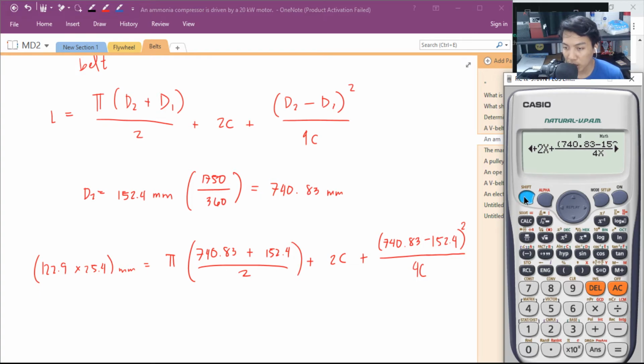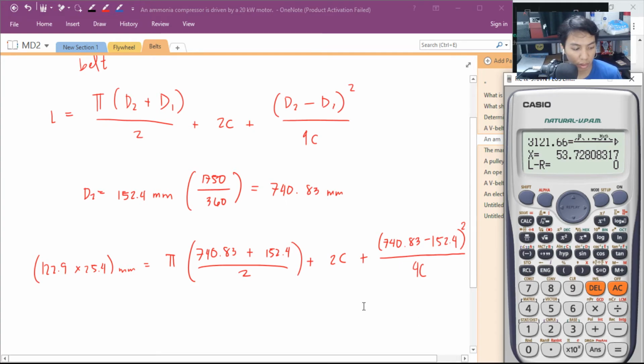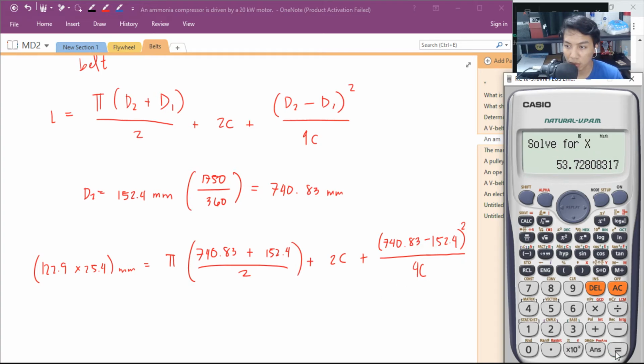All you have to do is to use shift solve function. Oh, that is 53 point. Ganun. Hindi dapat ganun.